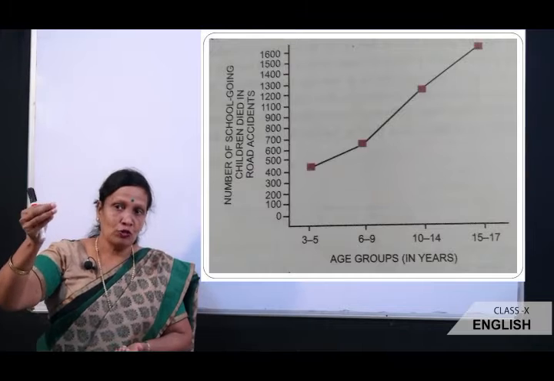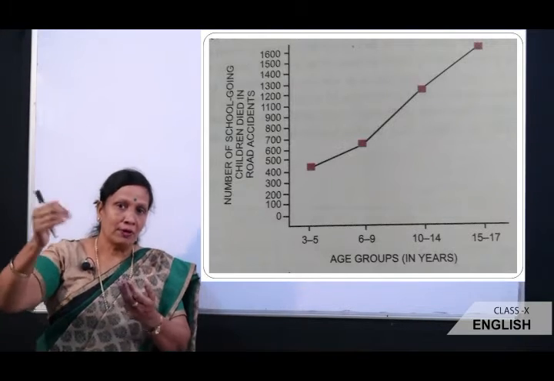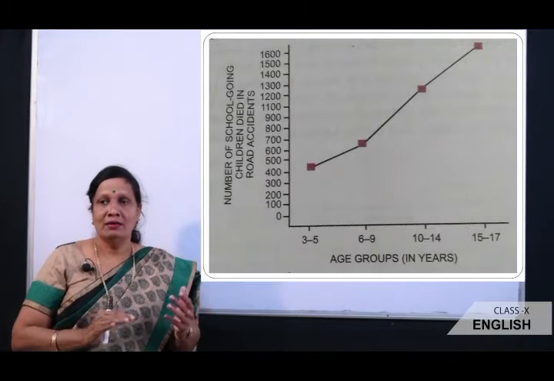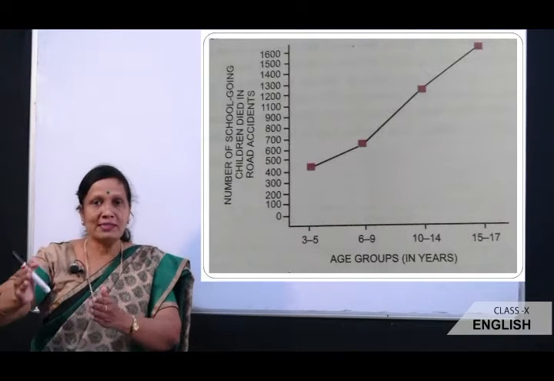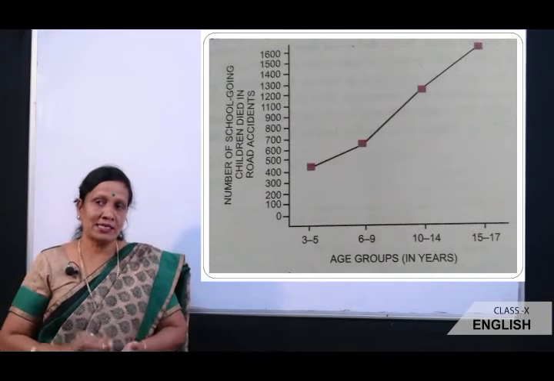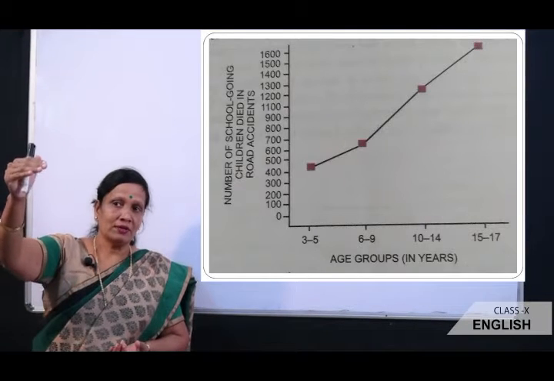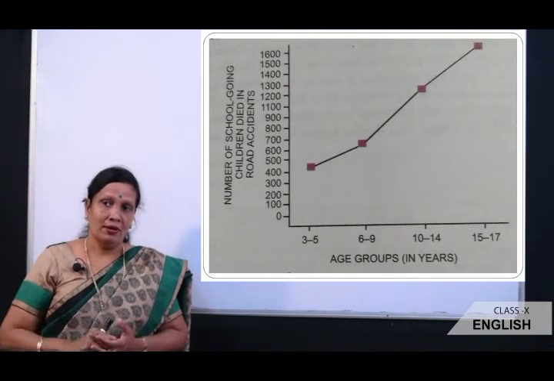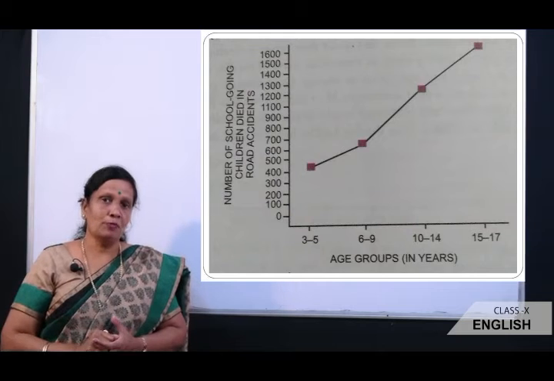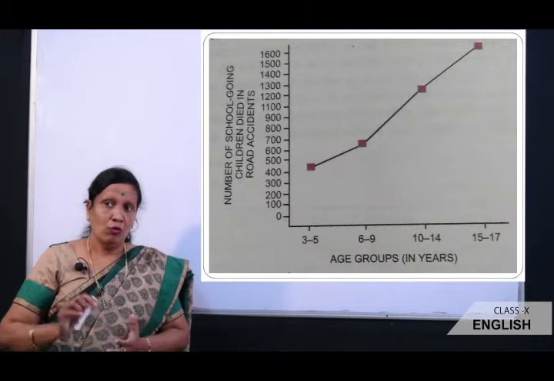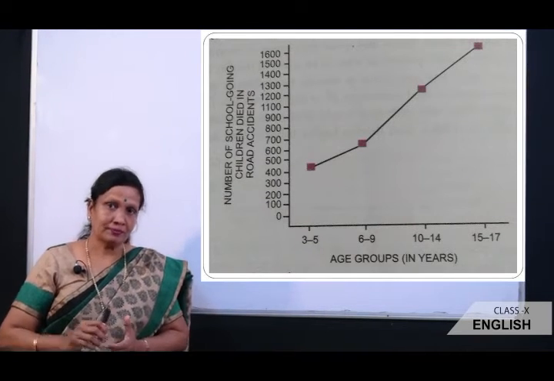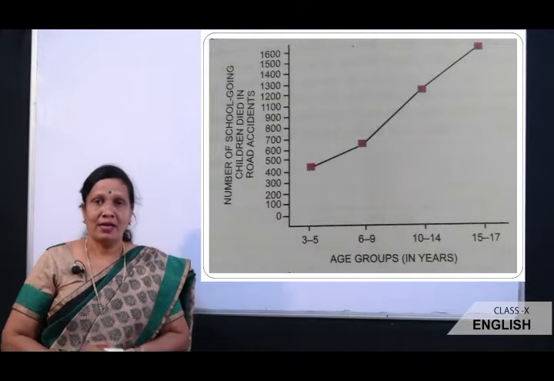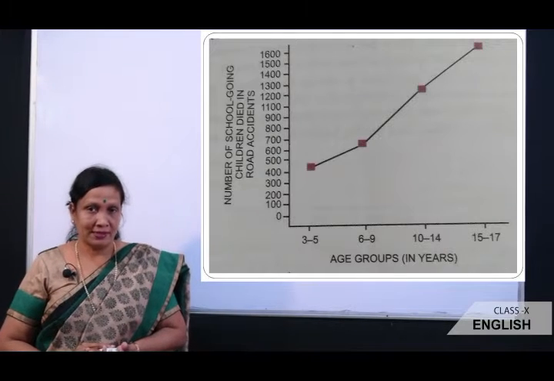Now if you look at the age group 3 to 5, okay, what are the number of deaths that occurred in the first half of last year of the children who fall in this age group? Okay, then you come to the next age group and see, okay, the number has increased because the graph goes up, okay, and then you see the next age group 10 to 14, what are the number of deaths, and then you come to the age group 15 to 17, and then you see the number of deaths, right?